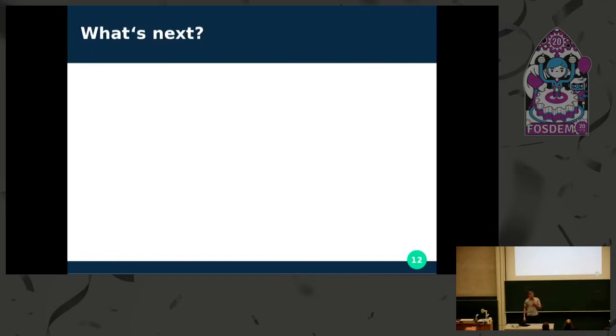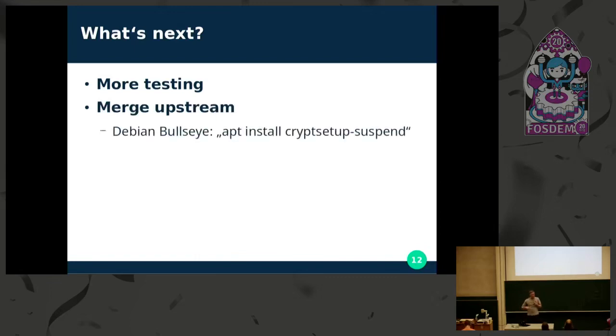All right, what's next? So we need to do more testing, right? The suspend mode is something that is very particular, so we have to test it on all kinds of different systems, and we hope that maybe some of you will help us with that, because we're very soon going to merge the code with the upstream cryptsetup package, so that in Debian testing you can then just install cryptsetup-suspend, and it will transparently encrypt your file system when going to suspend mode.